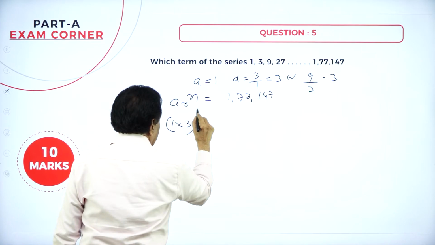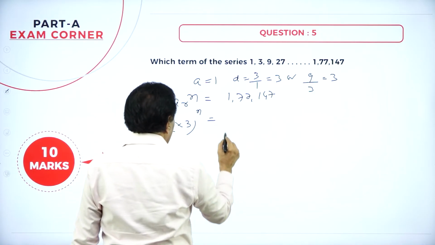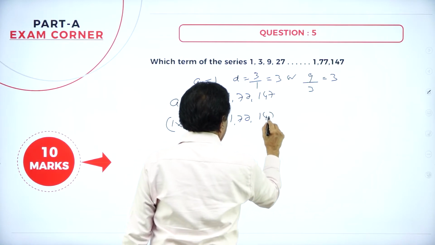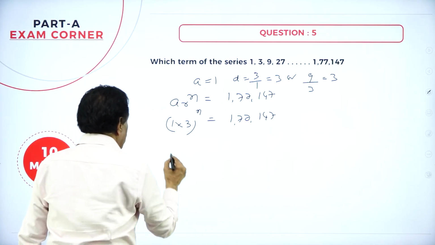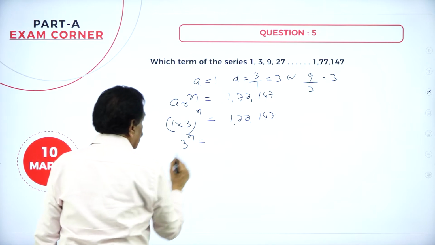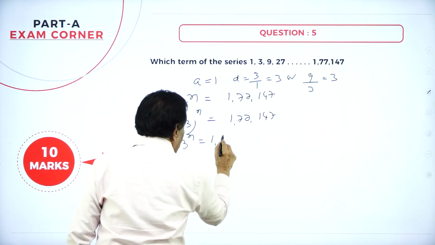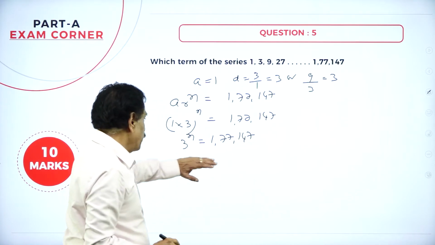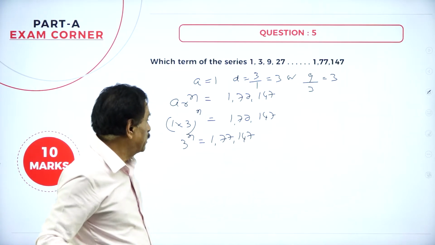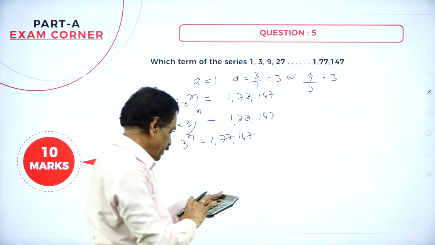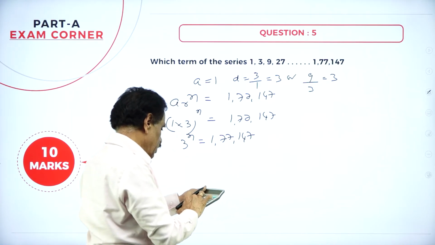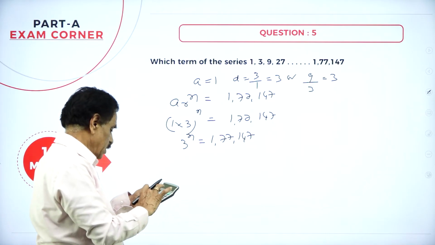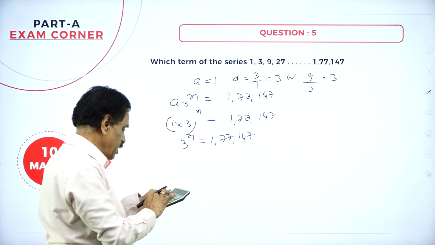So 3 to the power of n is equal to 177147. See, from 3, how much will come here? You see 3 into 3 into 3 and so on.